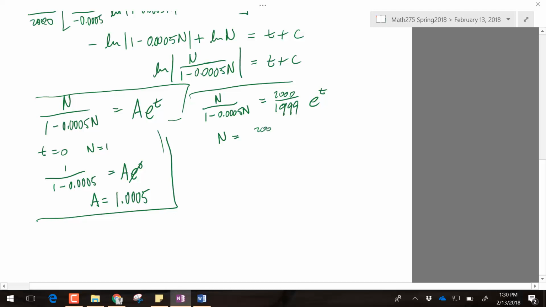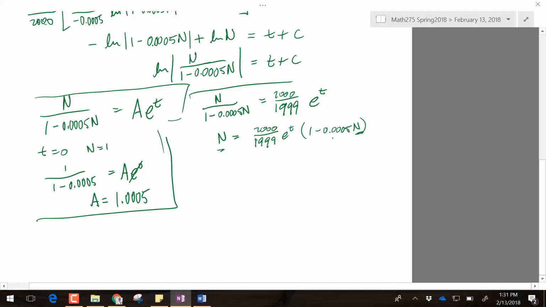So we can multiply both sides by this expression, the denominator, or cross multiply, or whatever you want to call it.